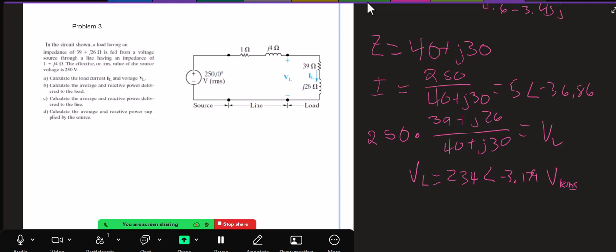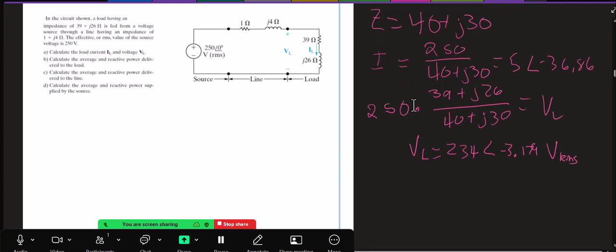All right, now how are we going to do part B? Calculate the average and reactive power delivered to the load. We don't need to find the max.